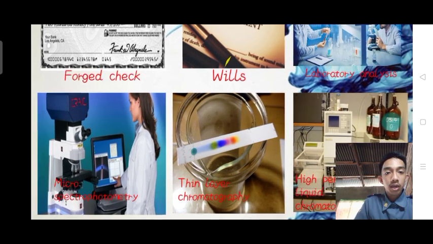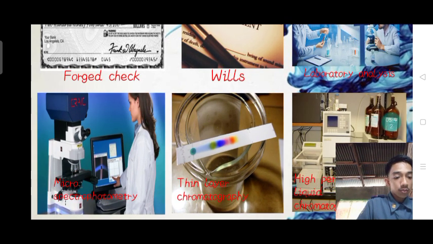Sa spectrophotometry, ito yung main method ng non-destructive ink analysis. Involve dito yung scanning the ink with ultraviolet and infrared light to record its spectrum, that is the wavelength of the light that is absorbed.